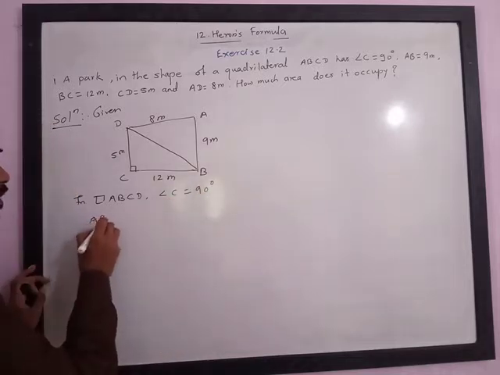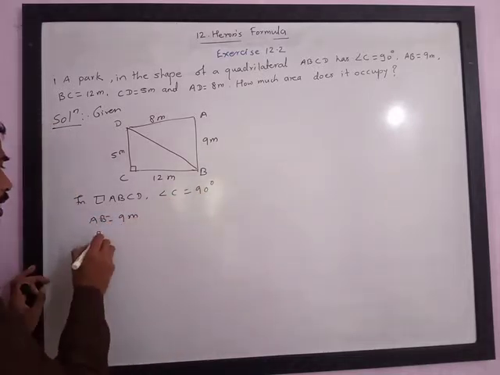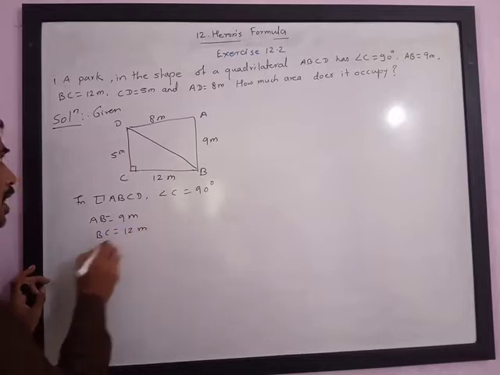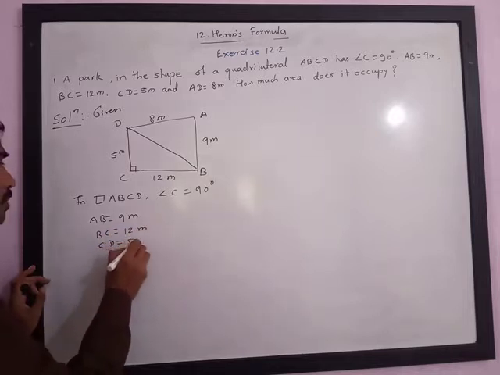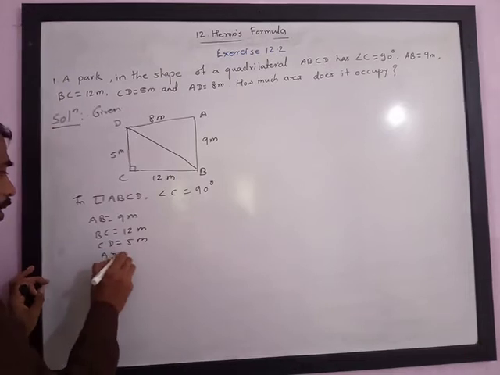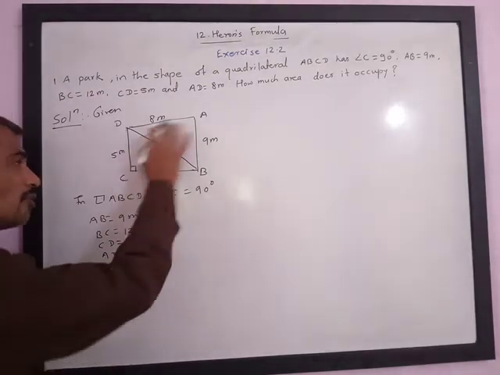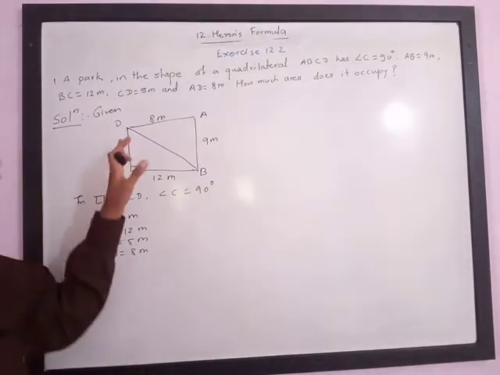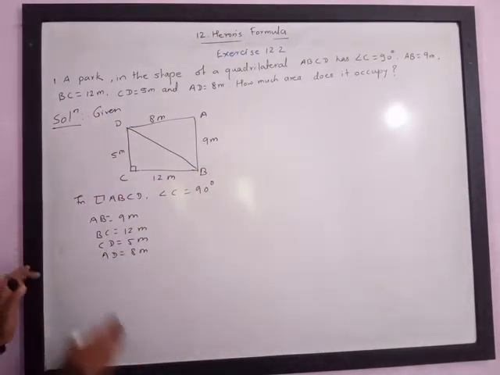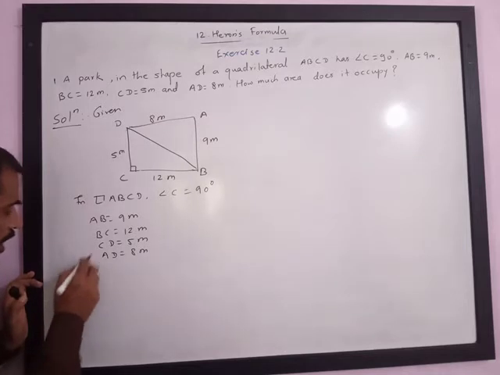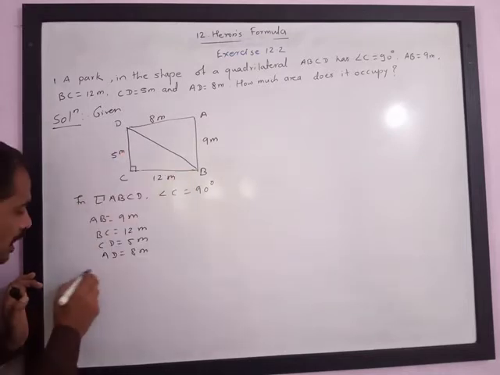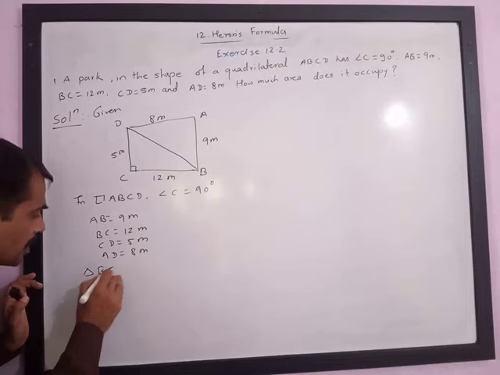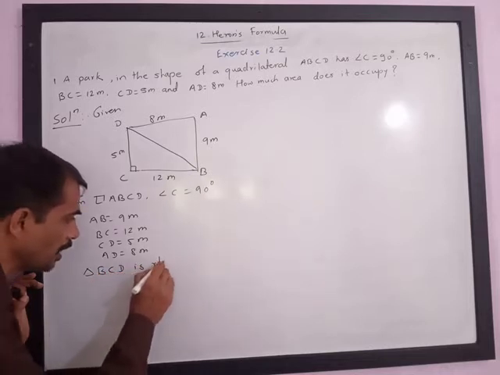Then AB is equal to 9 meters, BC is equal to 12 meters, CD is equal to 5 meters and AD is equal to 8 meters. So we cannot find the area directly since the quadrilateral is an irregular shape. So we have to first consider the triangle BCD. Triangle BCD is a right angled triangle.